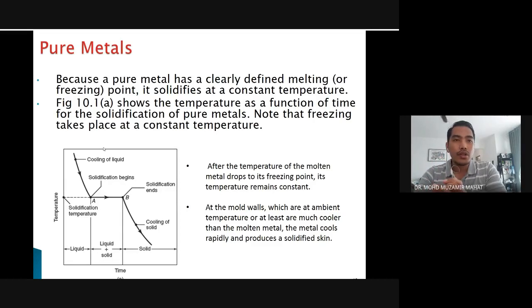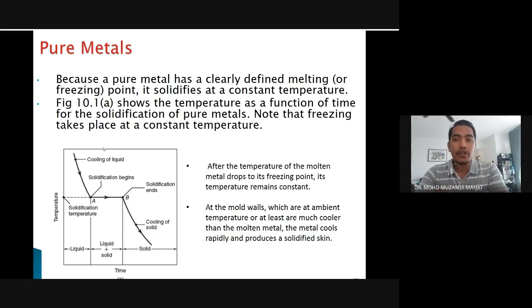So it solidifies at a constant temperature. It means that the temperature we set for pure metals, we already know. It is very clear that we have a certain melting temperature.